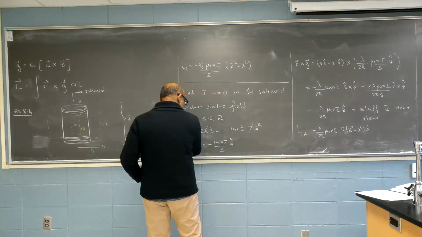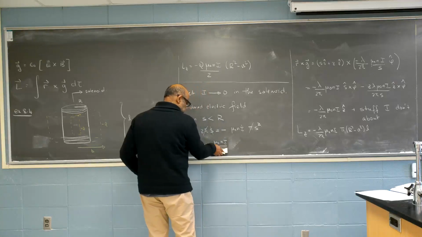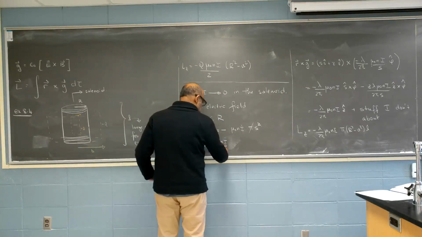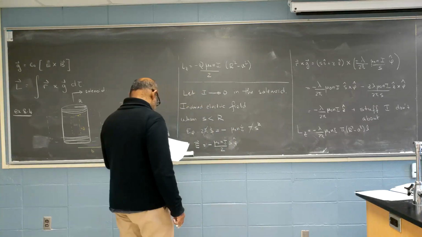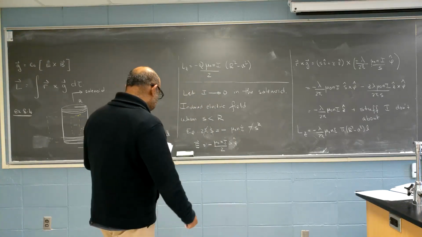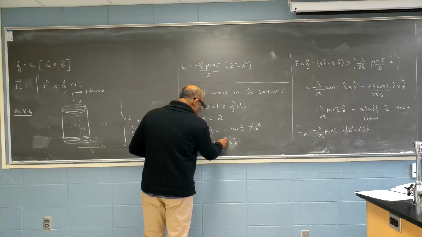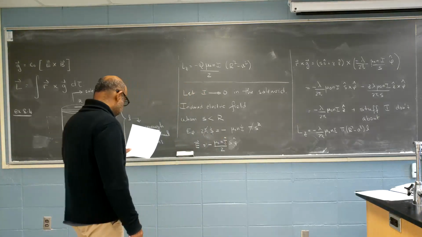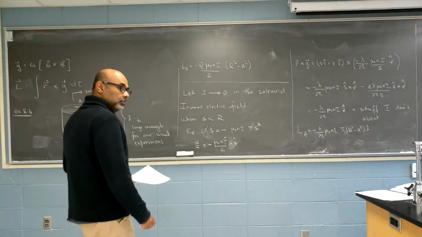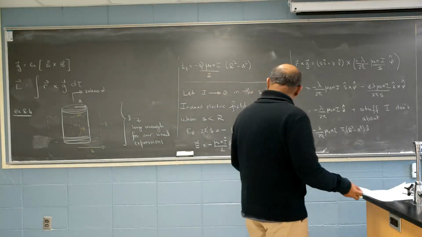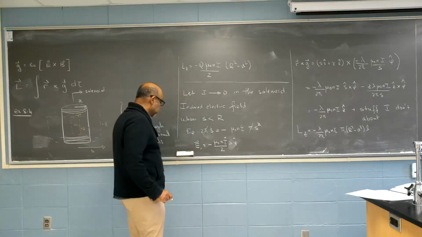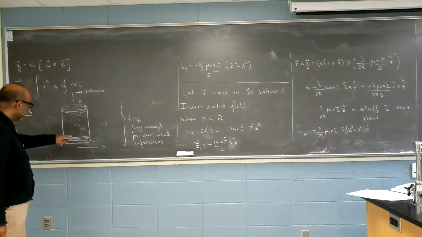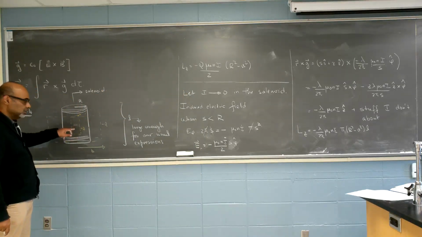Oh, and the s is upstairs. 2 comes below, s is upstairs, so that's very important. Minus 1/2 mu 0 n I dot s phi hat. Okay? Well, good. I'll just write this as E inside, not for induced, but rather inside where it affects this region.